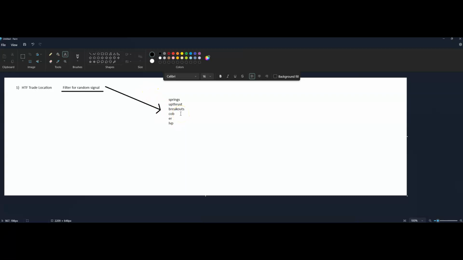Okay, so what I'm saying here is that signal without trade location is highly suspect. If it's just on any chart by itself, it is highly suspect and has high degree of variability. So it's chances that it's going to work, it's not going to work, and it's going to fuck you up.